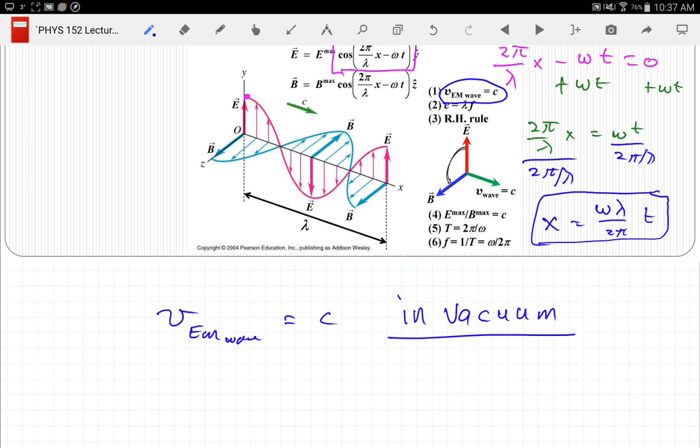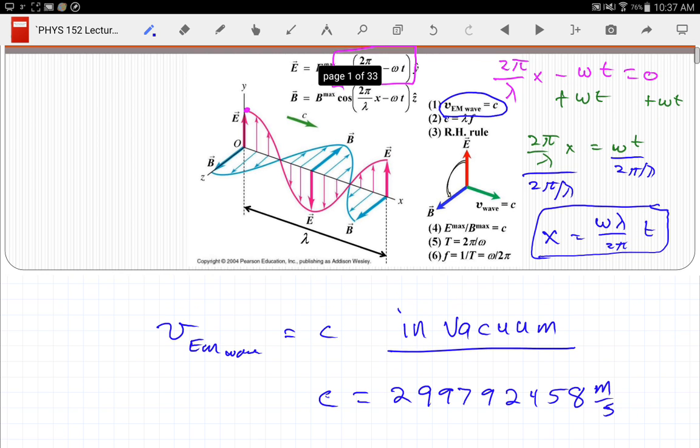But in vacuum, we have the maximum speed for an electromagnetic wave that we call c. And c is defined to have a very specific number, 299792458 meters per second. And we'll see in just a few slides why that comes from James Clerk Maxwell's work.